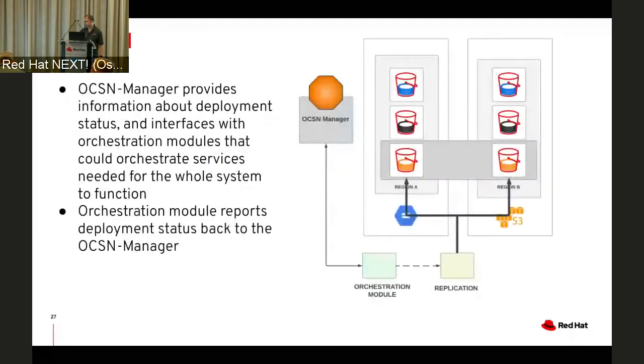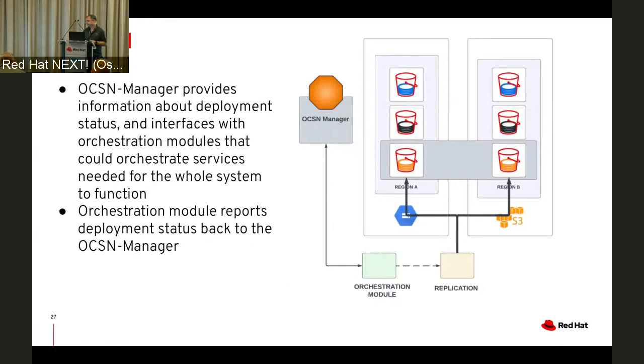The OCSN manager keeps track of the deployment, and it interfaces with the different entities. That way it can know whether the system is functioning correctly according to what the admins want it to look like and according to what the users have said, or whether there are issues.